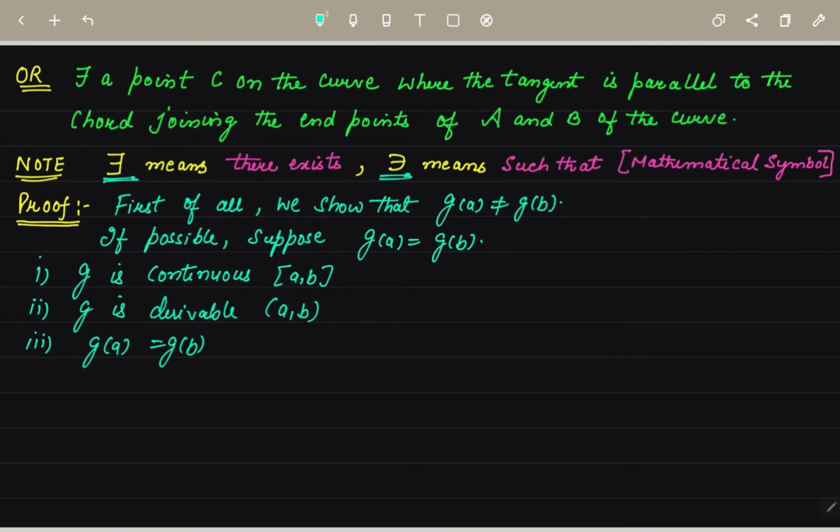These three conditions are the conditions of Rolle's theorem. Therefore g satisfies all the conditions of Rolle's theorem.